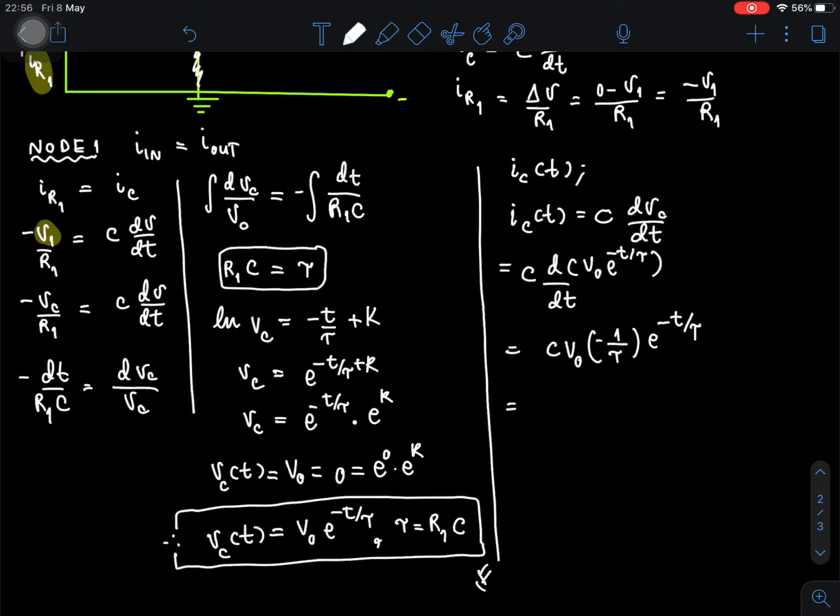And as we know that our tau is basically just R1 times C, we have C V naught by negative R1C times e to the power of negative t by tau.